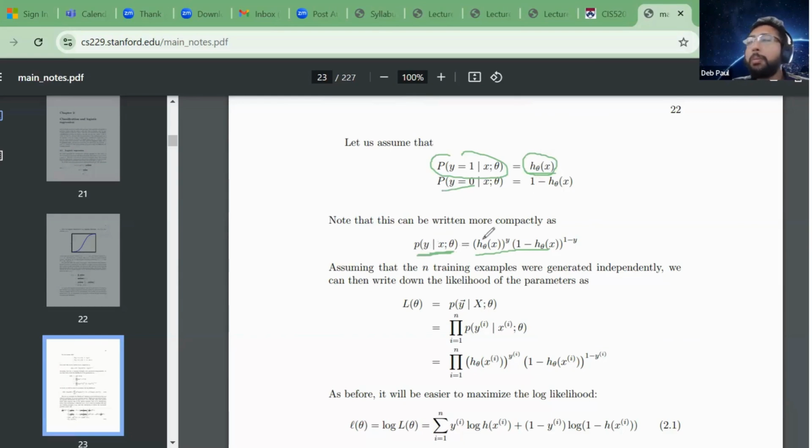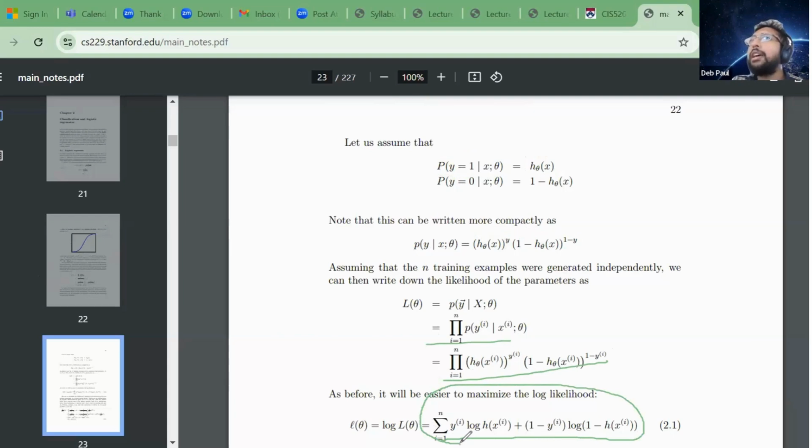I can write it in compact form: if y equal to 1, this is my estimate; if y equal to 0, this is my estimate. I can write this as my likelihood. If I have n independent samples, I can write this as a product. Then I take the log likelihood, and we arrive at this one.